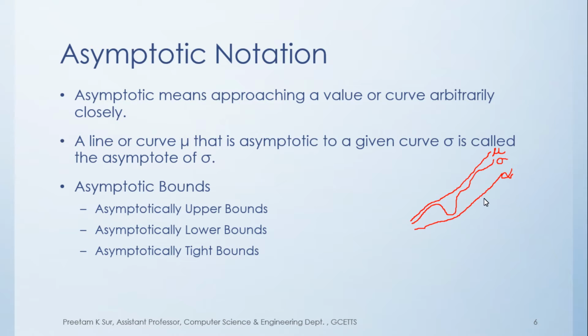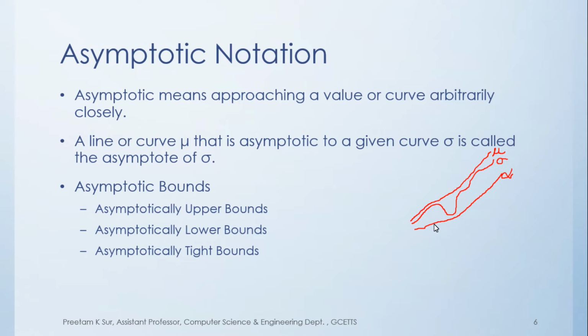Okay, so now if you look at the curve alpha, it also has a closer value to sigma, but not the exact value of sigma. But it always has a lesser value, or less than or equal to the value of sigma, right? Alpha always has a value less than or equal to sigma. So here we are going to say alpha is basically giving you an asymptotically lower bound for the exact curve sigma. Okay.